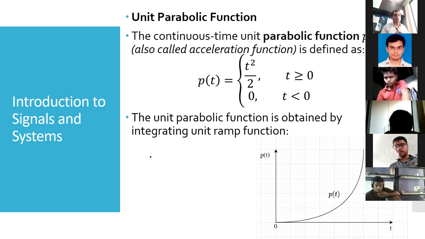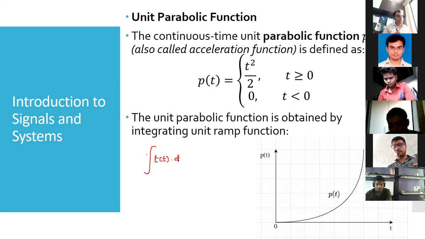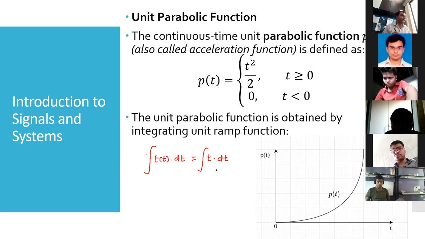Fine. So the unit parabolic function is obtained by integrating the unit ramp function. What do you mean by that? Let us say you have integration of r of t dt. r of t is equal to t.